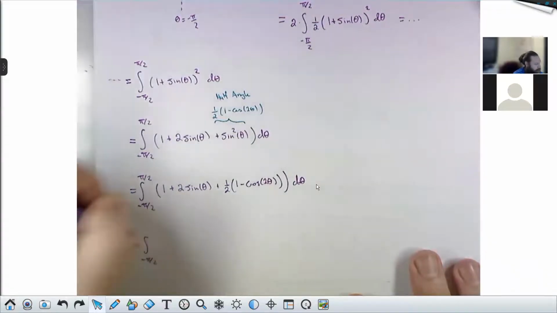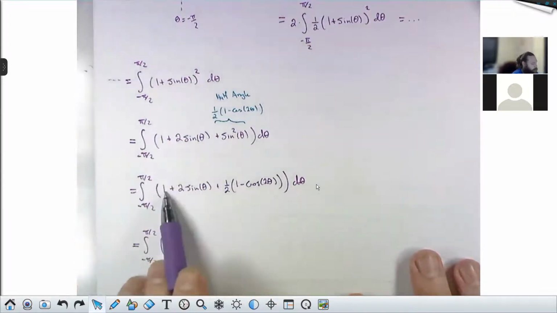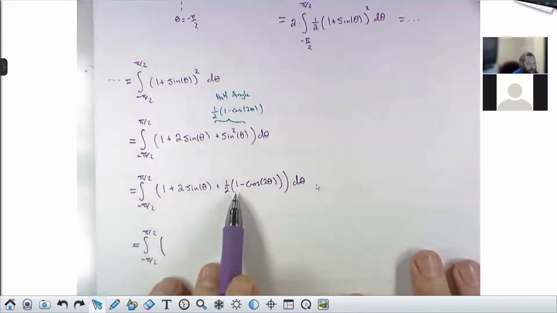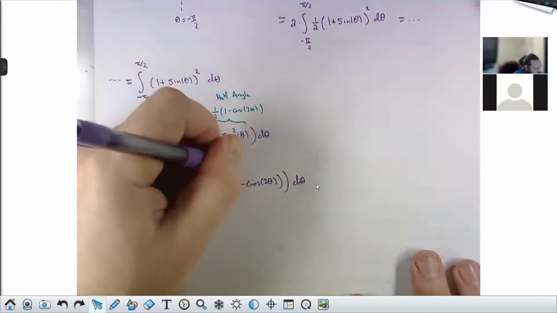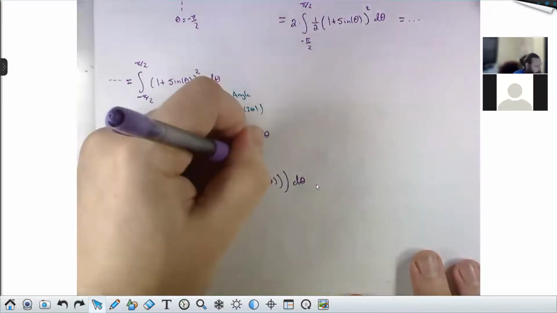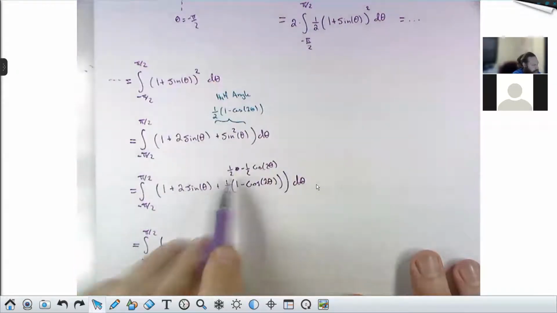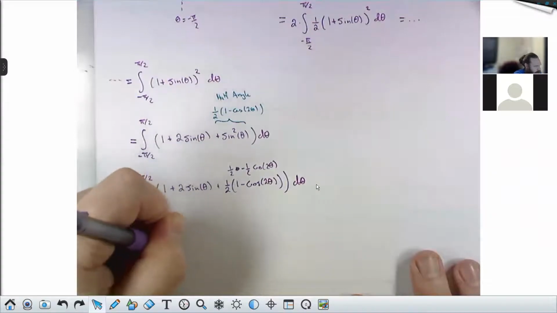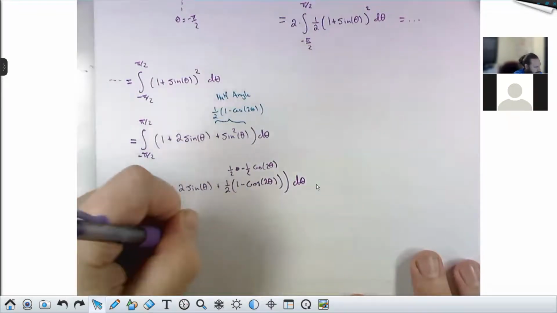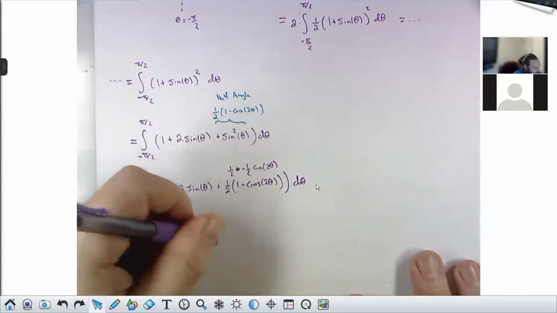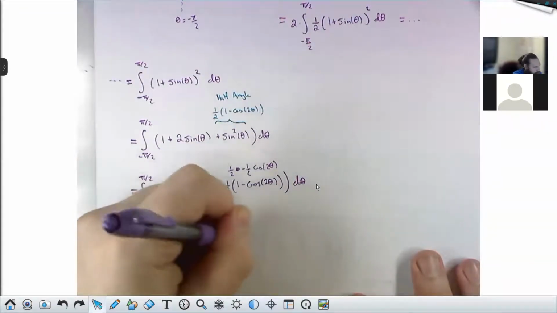Should give me integral from negative pi over 2 to positive pi over 2 of, I've got a 1 here, and when I distribute this 1/2, I'll have a plus 1/2. So this is going to be 1/2 minus 1/2 cos 2 theta. And I'll take this 1 together with this 1/2 to get 3/2. Then I'll still have my plus 2 sine theta. And then I'll have minus 1/2 cos 2 theta.